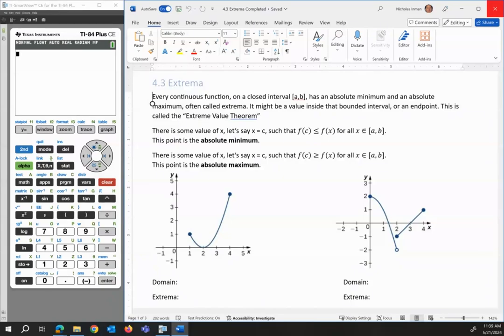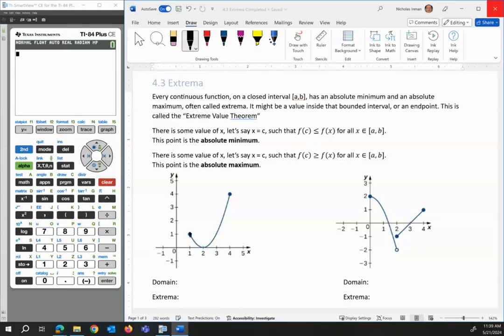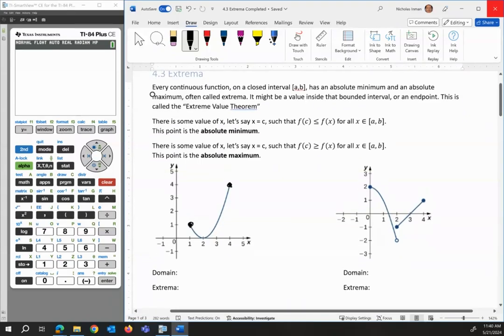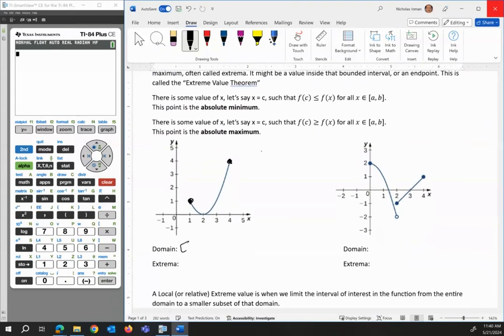If you have two closed endpoints, and it's a continuous function in the middle, there is one point that is the absolute lowest in that function, and there is some point that is the absolute highest. The domain of this function is from 1 to 4, and we have two extrema.